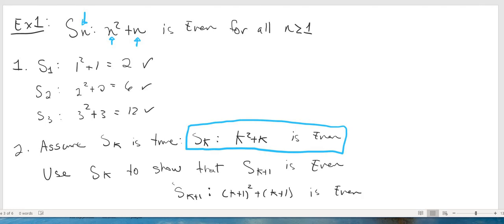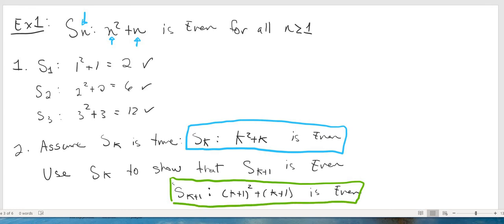Okay, so we're supposed to use this formula in blue to show that this new formula, let's say I'll put it in green, also works. So in other words, this blue formula means that this answer will be even.